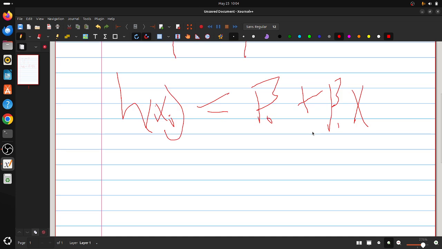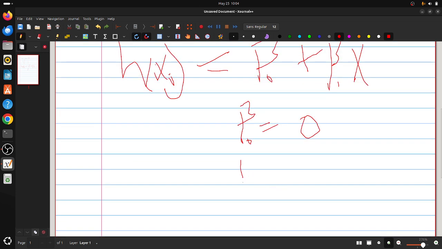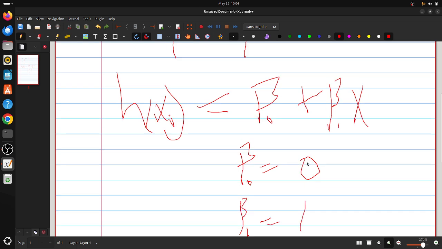For this case, allow me to initialize beta naught to be equal to 0 and beta 1 to be equal to 1. These are just arbitrary values so that we can start. So I'm saying let beta naught be equal to 0 and beta 1 be equal to 1.